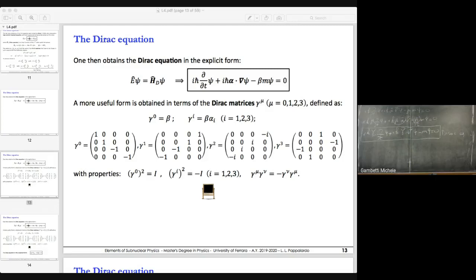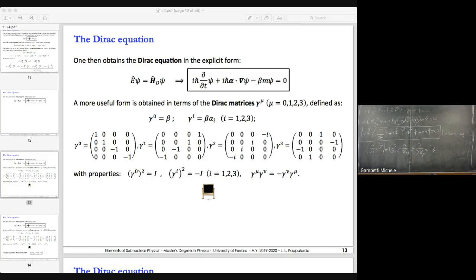This we can make even more compact, as we've done for the Klein-Gordon equation. Let me remind you that we can first merge the time derivative and the spatial derivative. So this differential operator we can write as partial over x0, partial over xk, with a minus sign here, and thus you can write it in a very compact way as partial over x mu, or even partial mu. This is the first derivative over time and the three spatial coordinates.